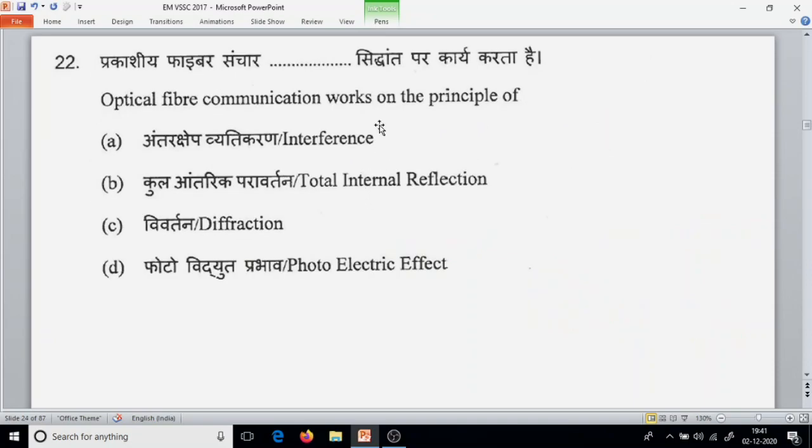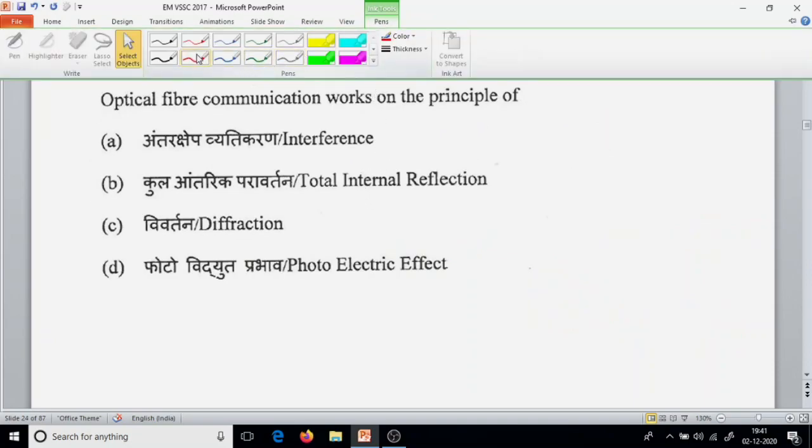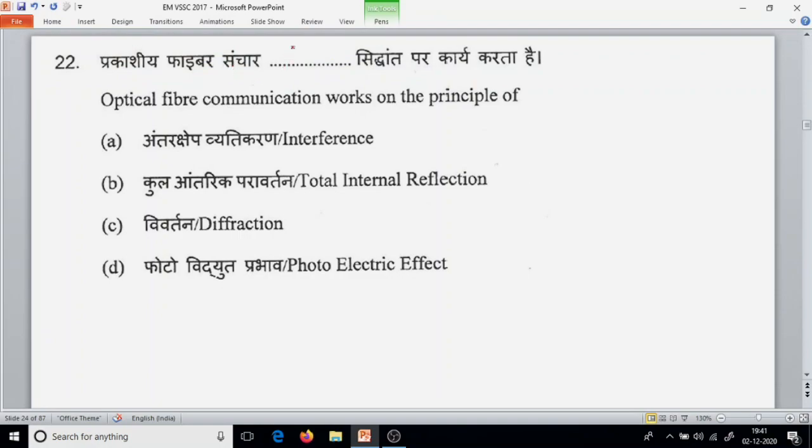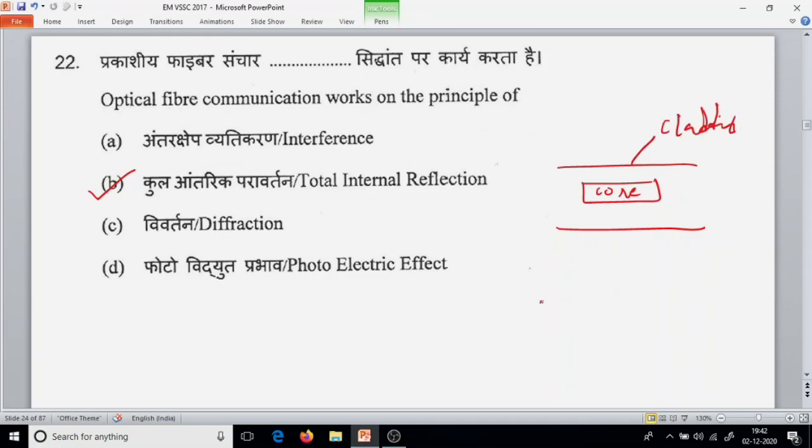Question number 22. Optical fiber communication works on the principle of. The answer is total internal reflection. Take this as the core, and this is the cladding, which will have a lower refractive index.